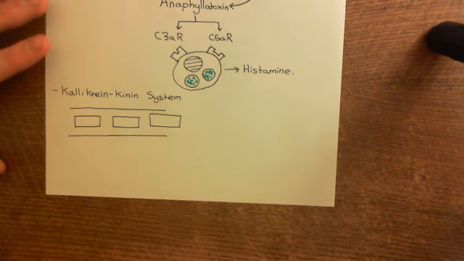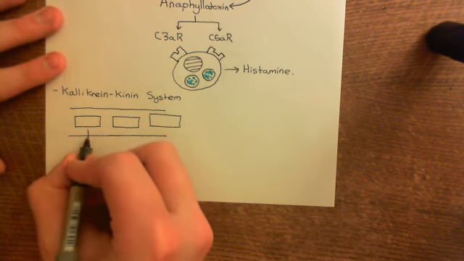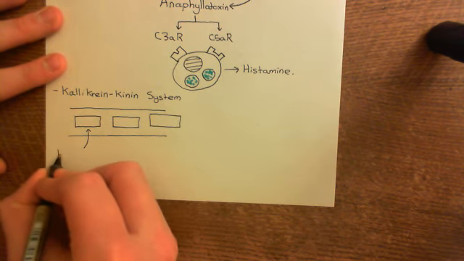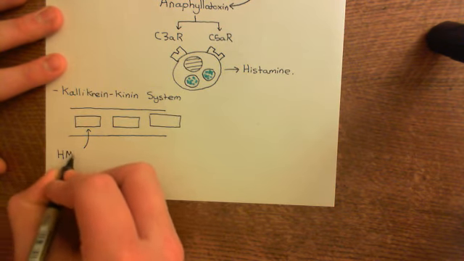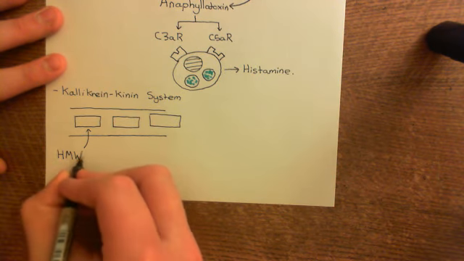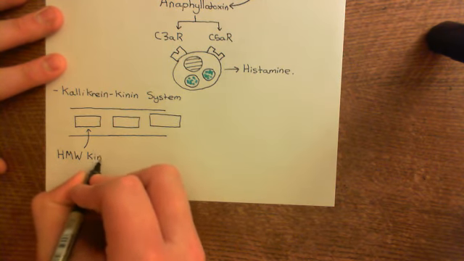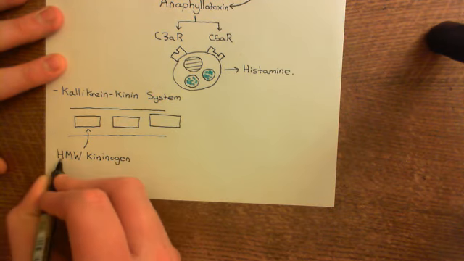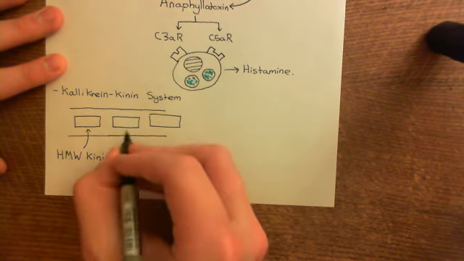But let's have a look at how this occurs. So what are these 3 proteins? Well, the first one is what's known as HMW, which stands for high molecular weight kininogen. Okay, so HMW kininogen, or high molecular weight kininogen.